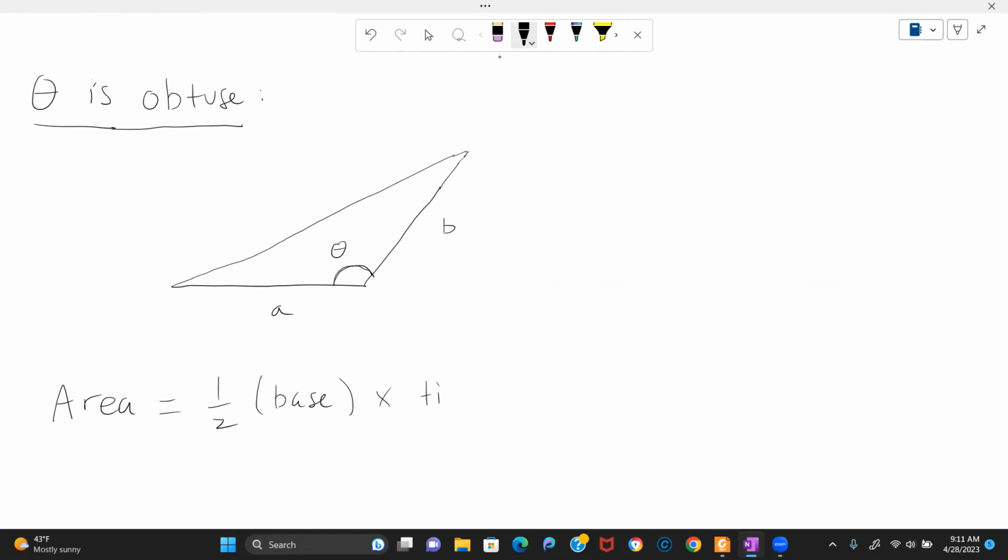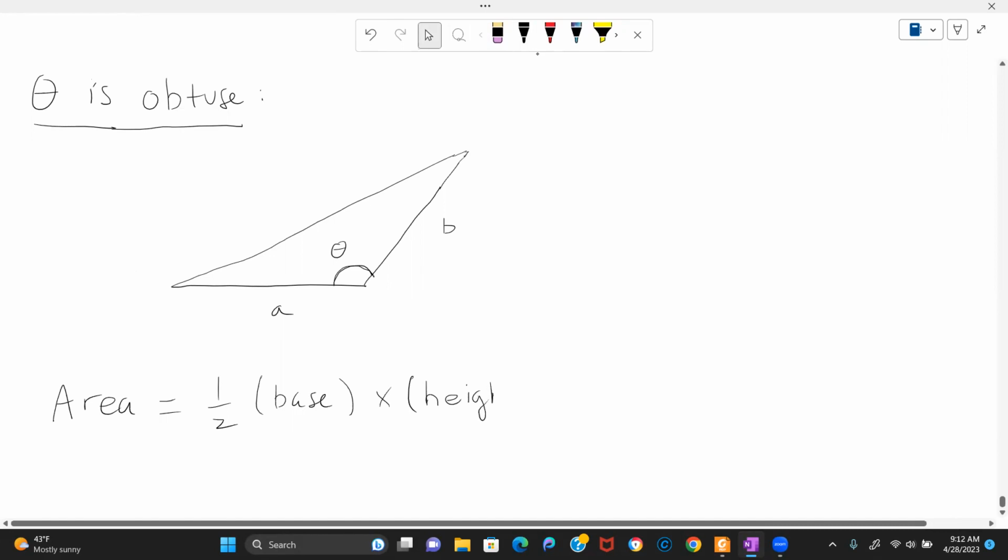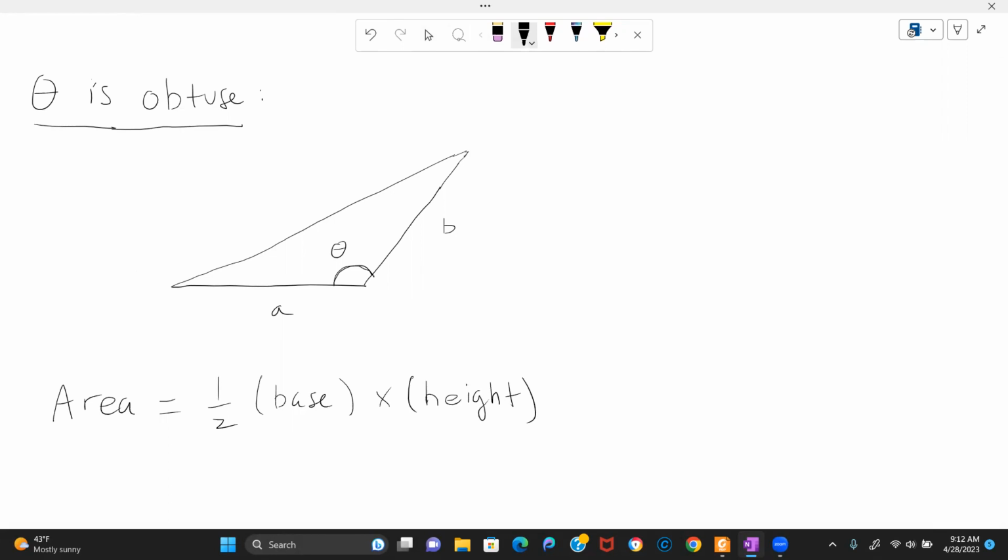I don't need to write the word out, just the symbols. So this is the same general formula, but now it's not quite clear how to get the height in this case.